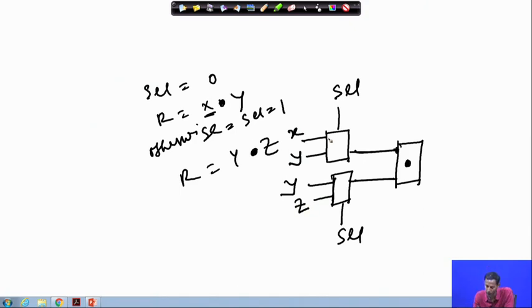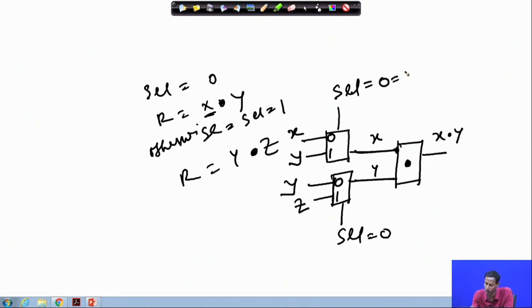So when the select value equals 0, I need this for 0 and this for 0, and for select equals 1, this is for 1 and this is for 1. Whenever the select value equals 0, this will select x and this will select y, so I will get x star y.